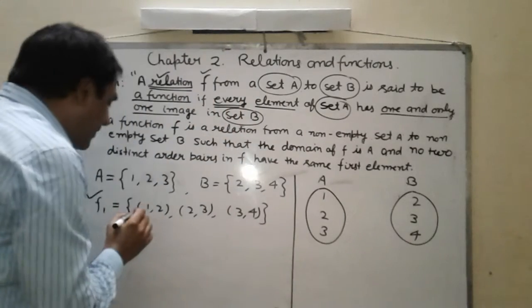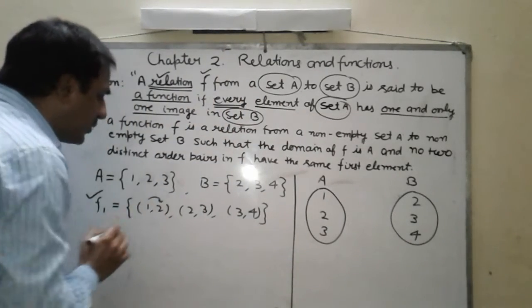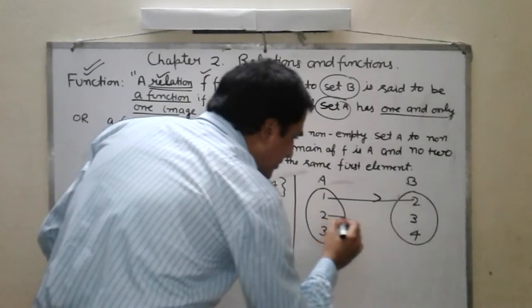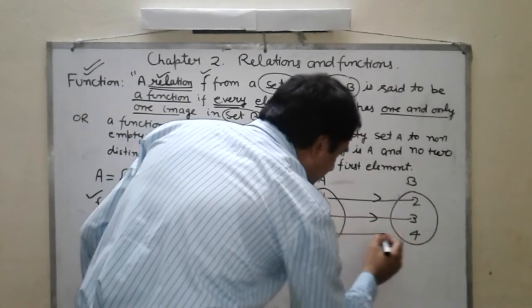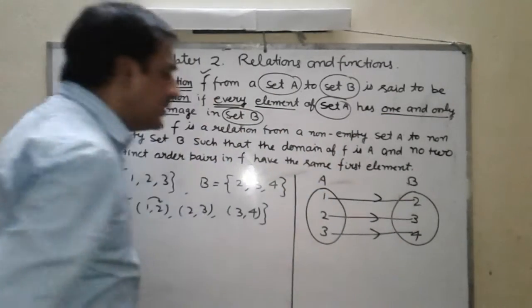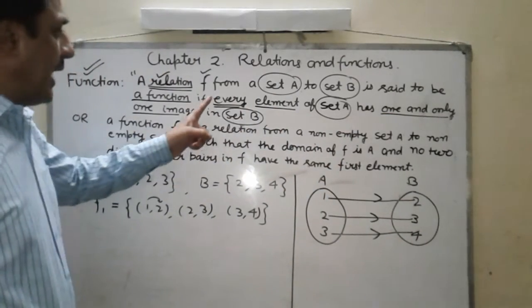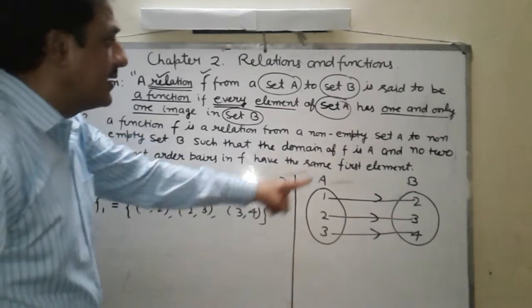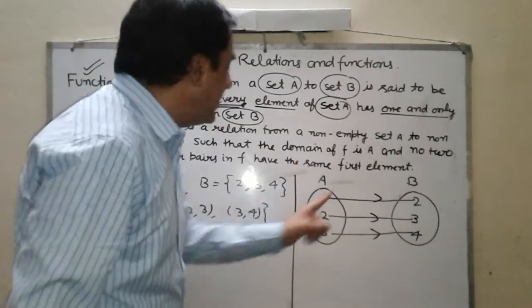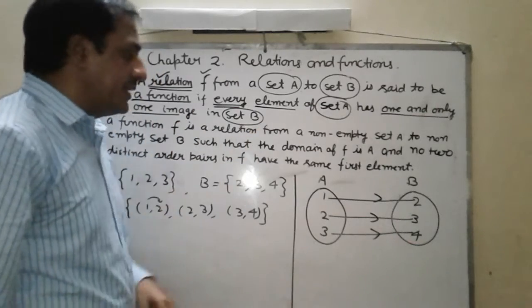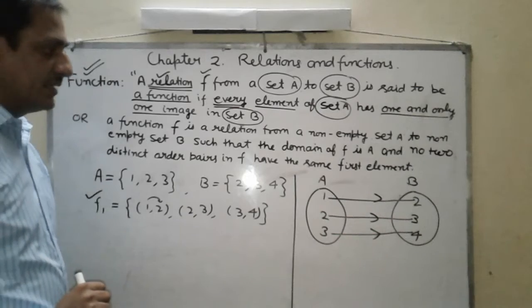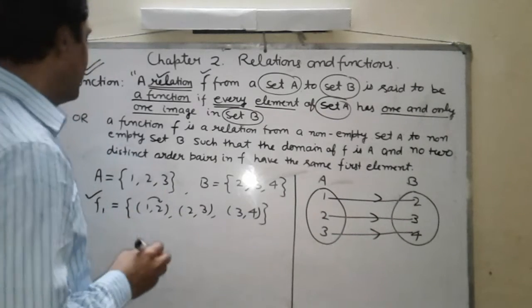Here, the image of 1 is 2, the image of 2 is 3, and the image of 3 is 4. Every element of set A has one and only one image in set B. It means this is an example of a function.